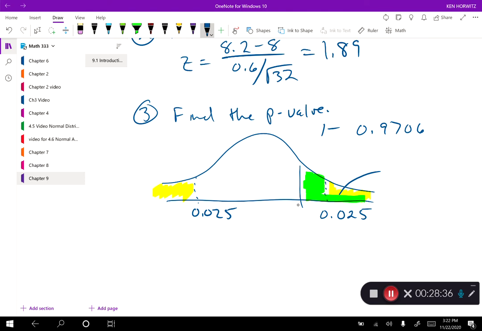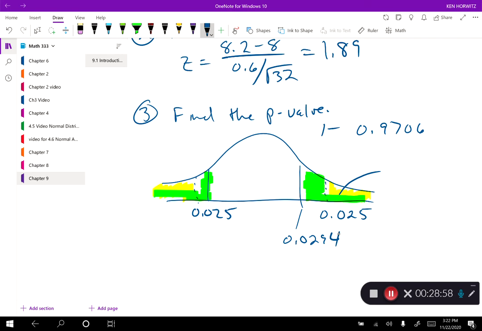This is on both tails, by the way. This takes it outside my rejection region, so that's 0.0294.